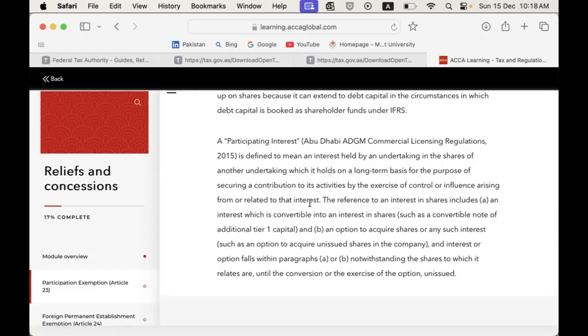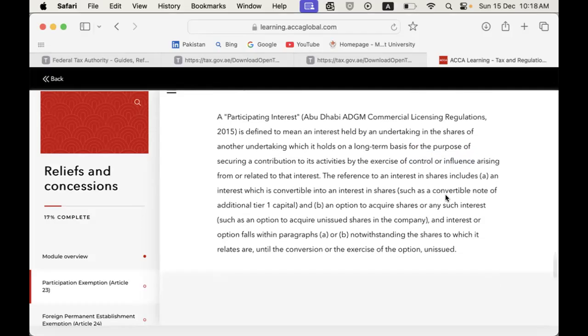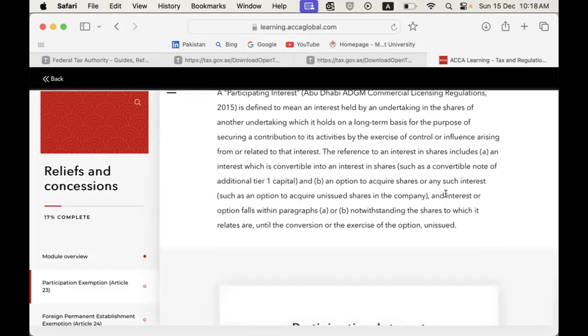In short, the criteria of control or influence has been mentioned here. So they have gone beyond the word control. They've included influence as well, because if you really think about it, 5% can never mean control. It most likely will mean influence.